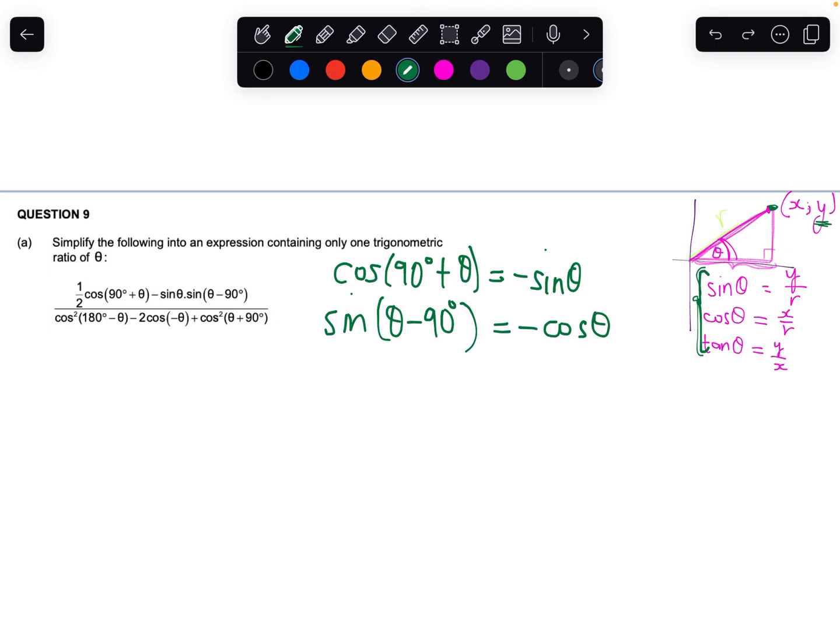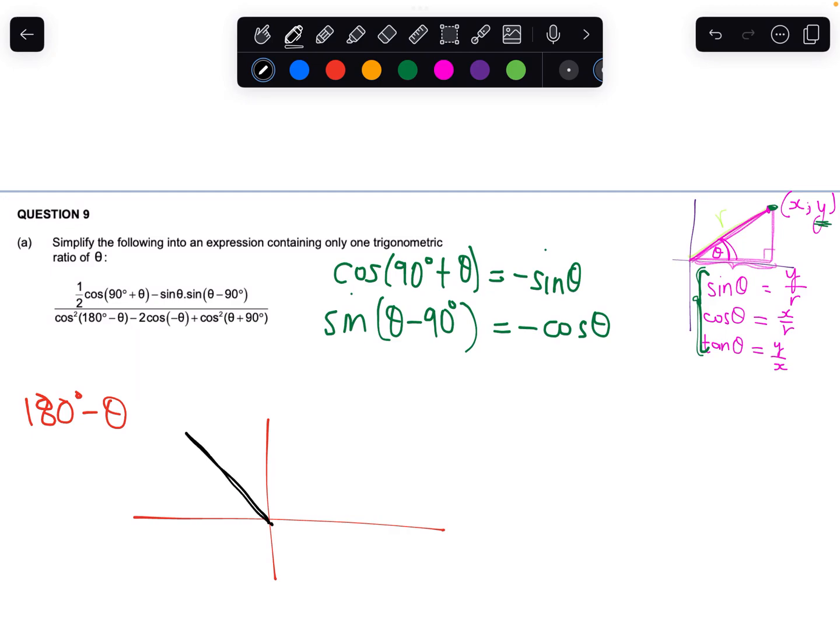Cos, so I'm going to first work out cos of 180 minus theta, and then the square will just be the square of that. So, gonna figure out where is 180 minus theta. 180 is this angle, right? And then minus theta, we're going to go back up.